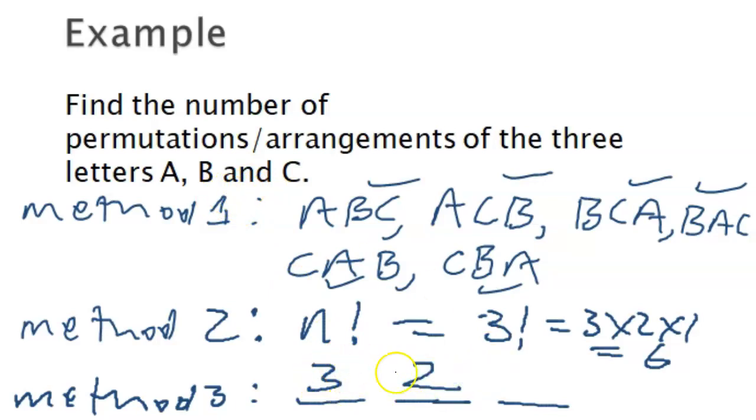And in the last box, we'll only be left with 1 option. So we multiply 3 times 2 times 1. There are 6 different ways of arranging these 3 characters, A, B, C, or any 3 characters which are not the same.